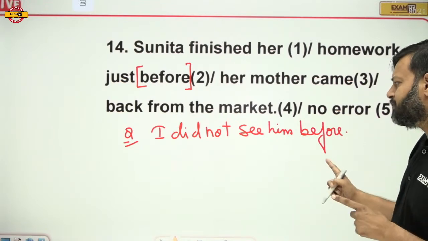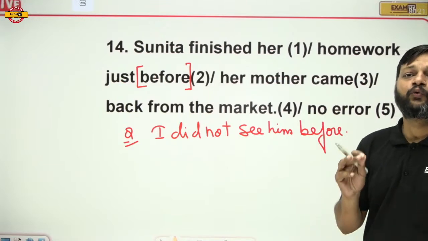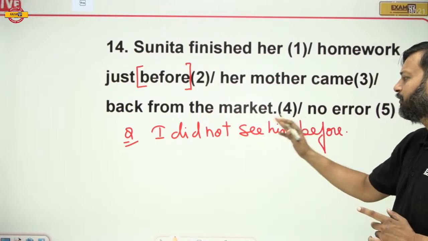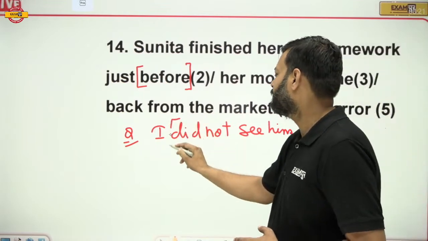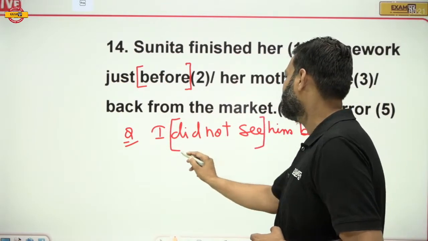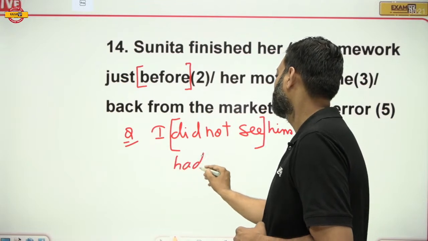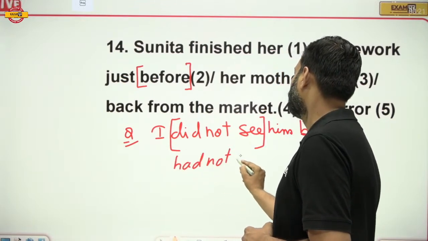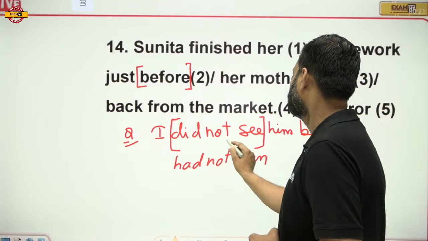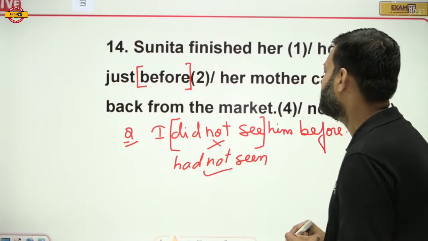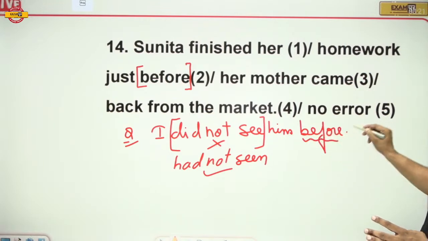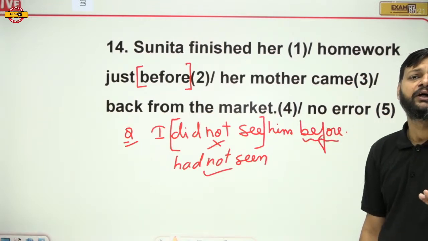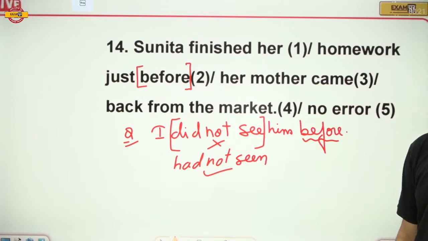Even in this sentence, we need to change the tense into perfect. So in place of did not see, we need had not seen. Because whenever you see the conjunction before, you need perfect tense before it.